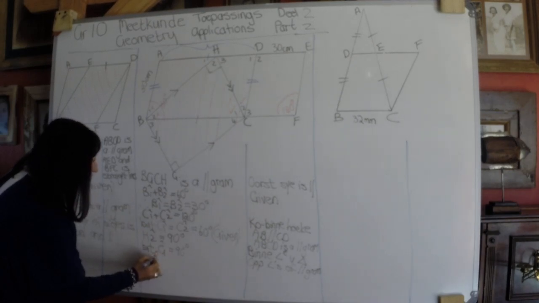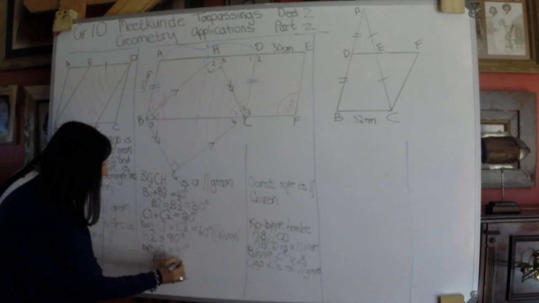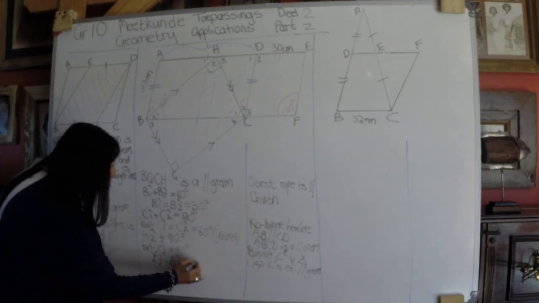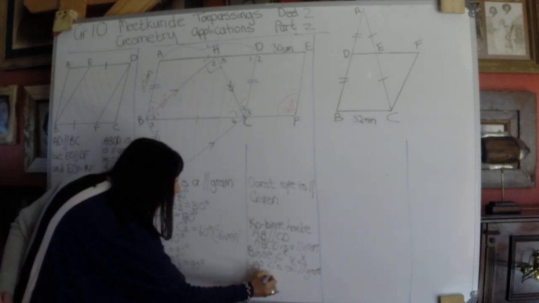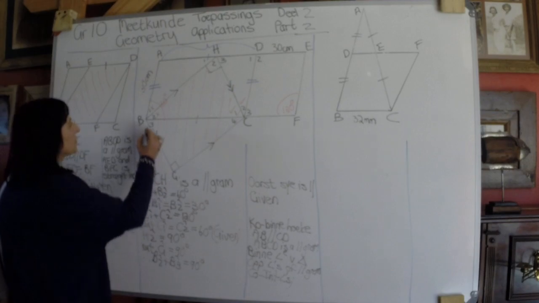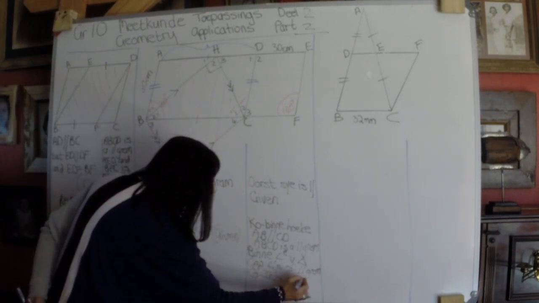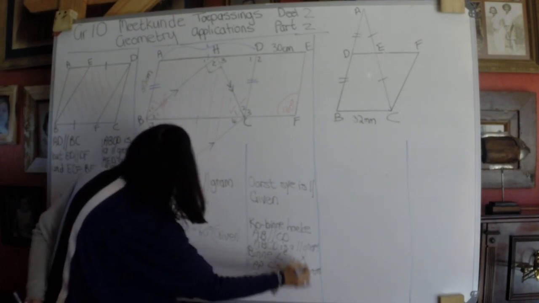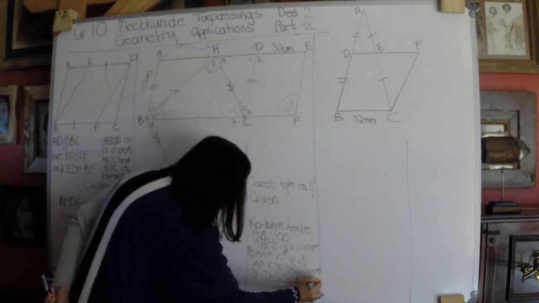therefore, B2 plus B3 must also equal 90 degrees because that's co-interior angles, because BG is parallel to HC.